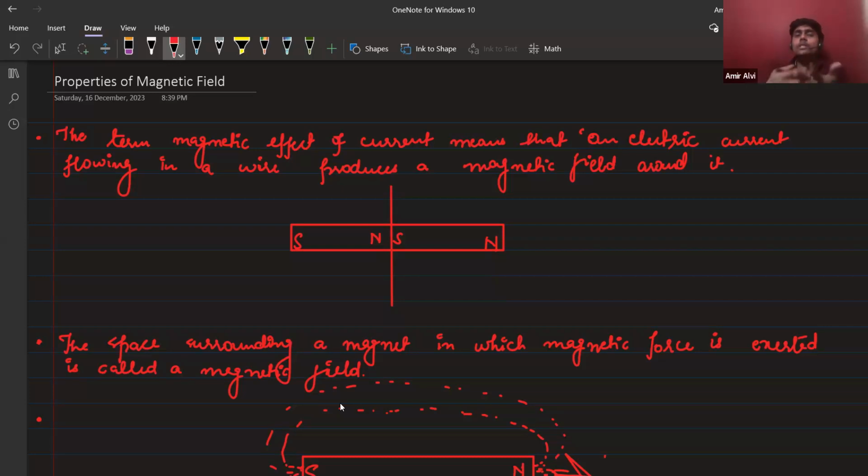Obviously, if current is flowing, in which material can your current flow? Only in conductors. And if the current can flow, it means it will generate some magnetic field along with the electric field. So that's why only conductors can behave as magnets. Is this clear now? Yes, sir. Okay.